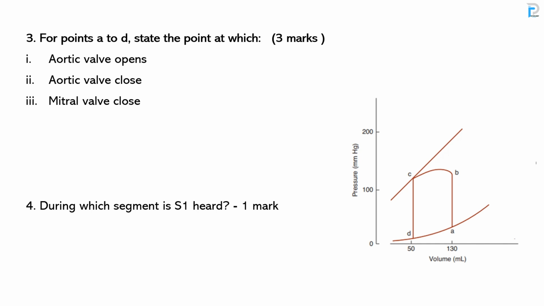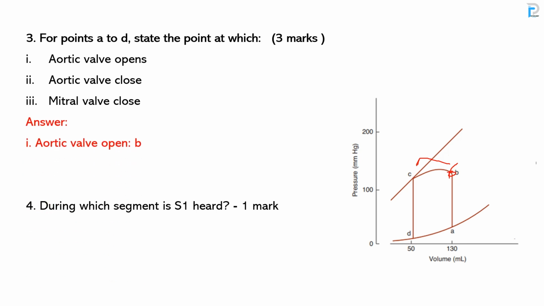The aortic valve opens for ejection to start. When does that happen in that loop? Ejection happens during this phase, so the aortic valve opens here. So at point B, the aortic valve opens for ejection to start.